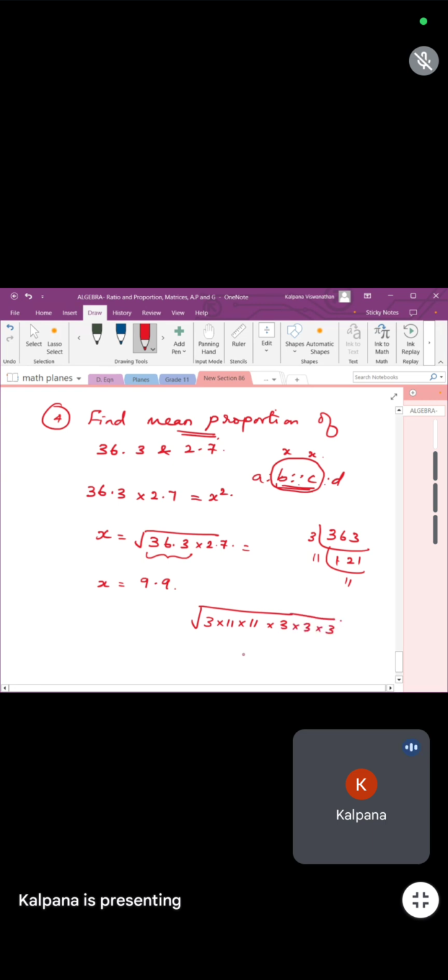Now for square root, what do we do? From each pair we take one number. So we have 11 as a pair, take 11, from this pair of 3 it is 3, and the other pair of 3 it is 3. So 3 3s are 9, 9 into 11 it is 99. So here we have a point before one number, 9.9.